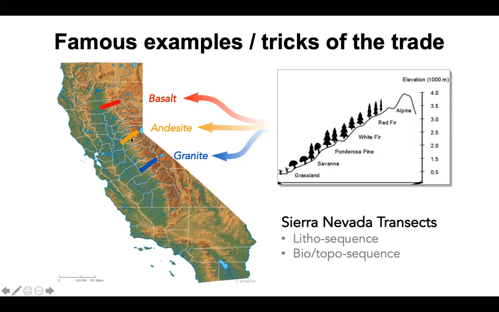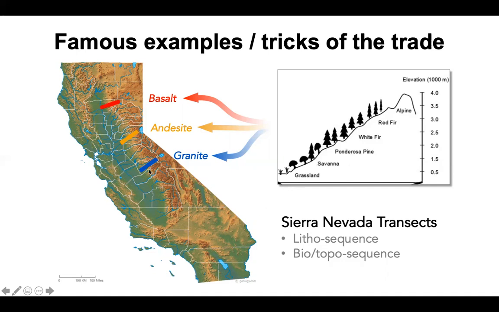Then we could go here to the andesitic and take from the ponderosa pine, and similarly up to the basalt. And we can say, okay, these are completely different parent materials, but they have the same topographies and the same biology going on here, or at least the same dominant species. So then we can say the effects that we see are because of parent material.